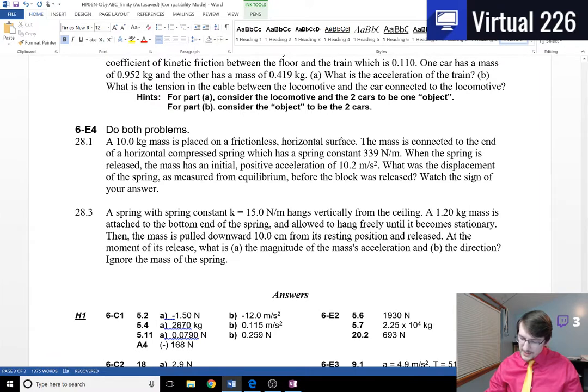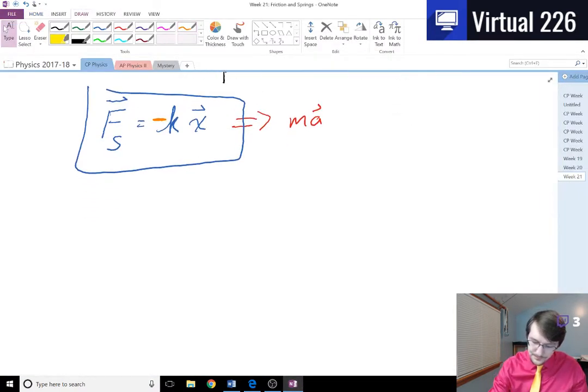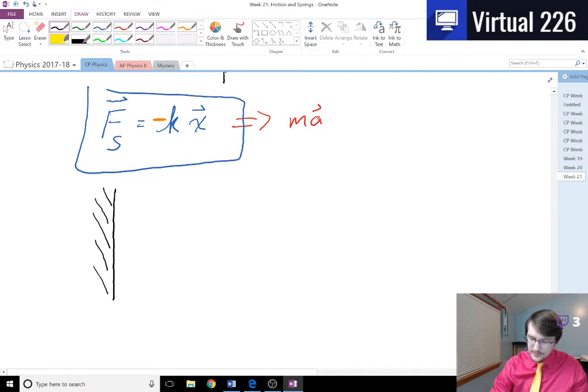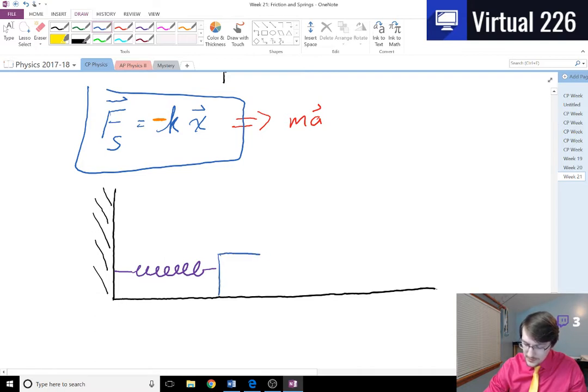let's imagine for a second that we have a wall sitting here, classic physics way of drawing a wall, and then there's a flat surface, a table, a floor, whatever. Attached to the wall is some spring, and attached to that spring is a block.